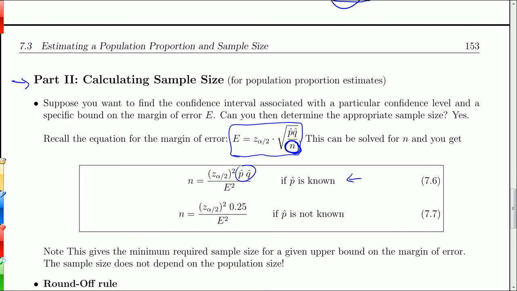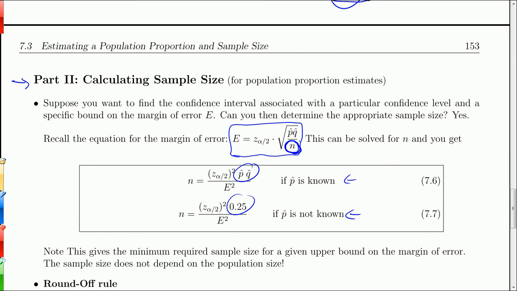But because these things add up to 1, there is actually a maximum value that that product can be. In fact, the maximum that can be is 0.25. Little trick from calculus. So if p hat is known, you want to use this first formula, 7.6. And if p hat is not known, you replace the p hat times q hat with 0.25.